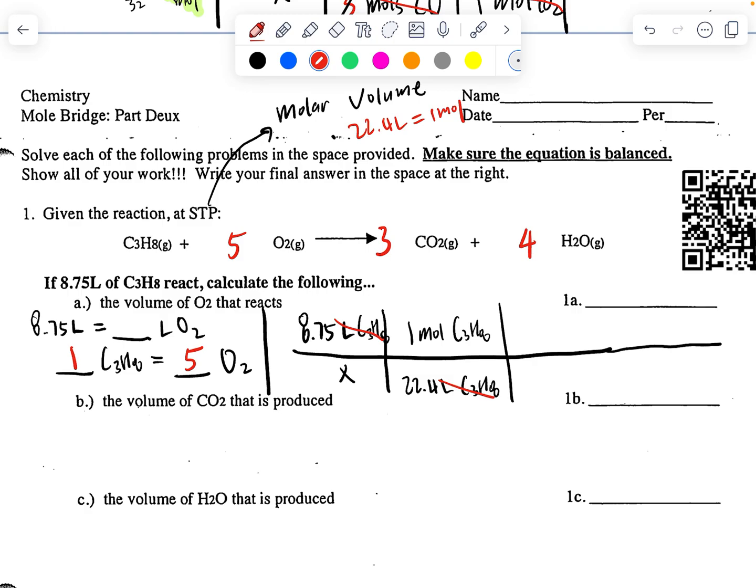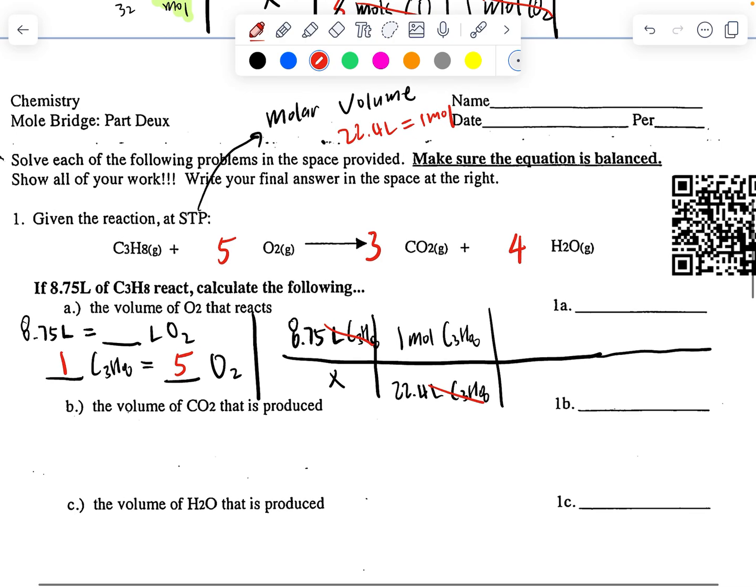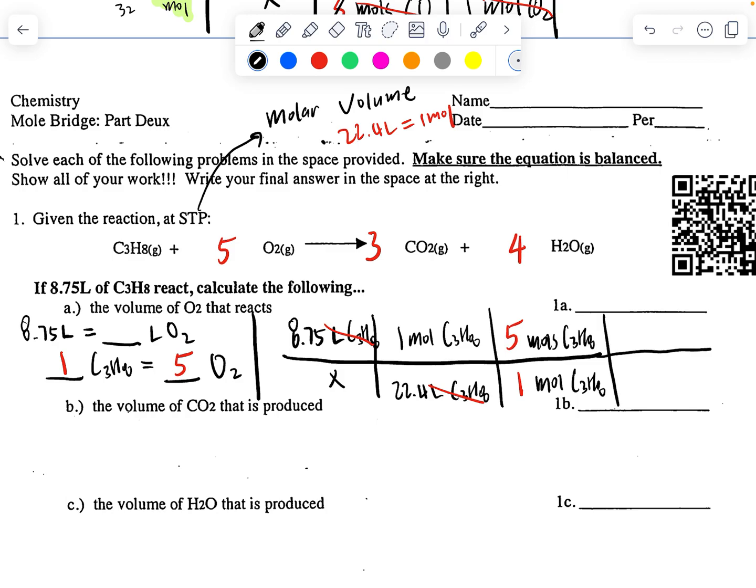Now, since everything is in terms of moles, I can finally use the mole bridge here. And the mole bridge was what? 1 to 5 ratio, guys, right? 1 mole of C3H8, 5 moles of O2. All right, almost there.